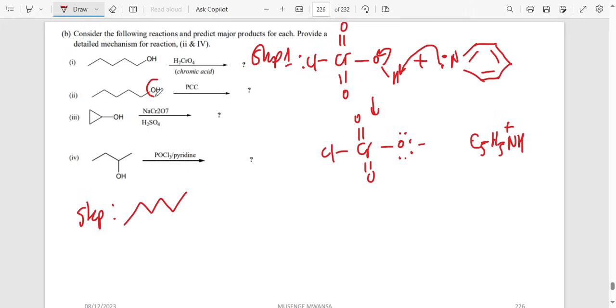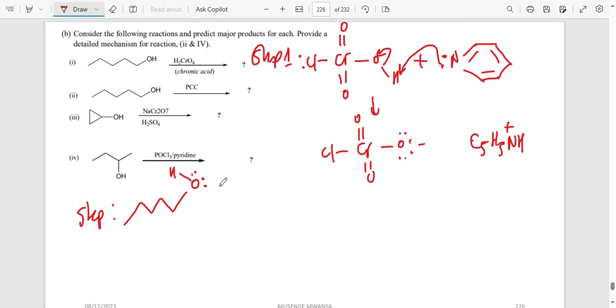So the only thing they want us to see is if we know the difference for the product. So before we even continue, what is the product that we're expecting? Yes, an aldehyde. Okay.